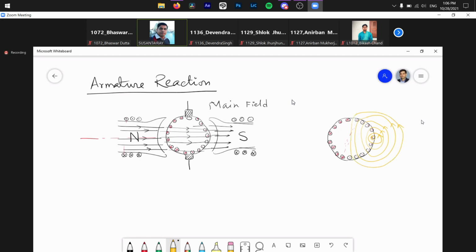So cumulatively, the field. If we take the field here at this particular portion at the center, whatever field we get will be the maximum. But if we consider here or here, we'll get a little less.